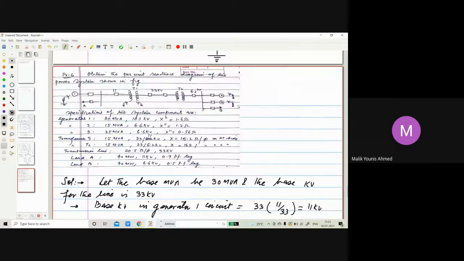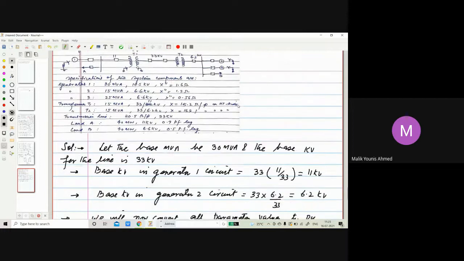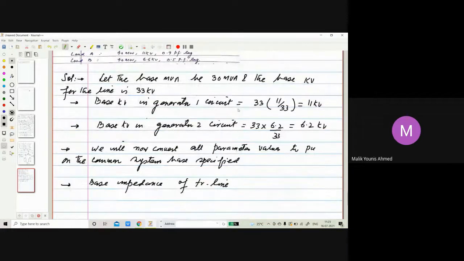The value is j 20.5 ohms, a per phase value. The base value will be V base squared divided by S base.